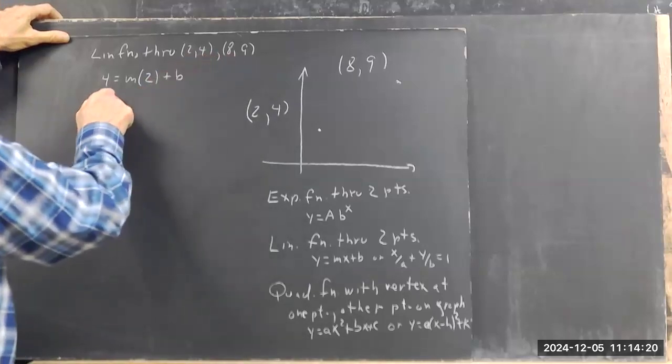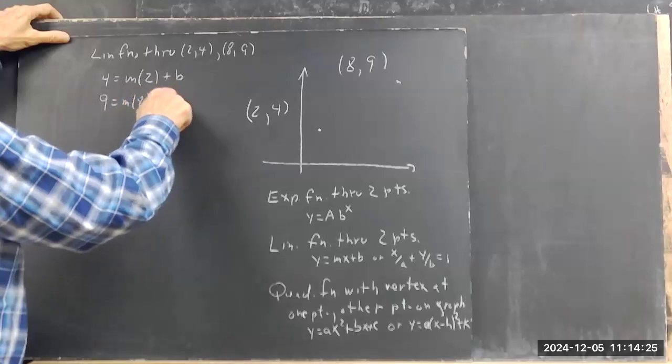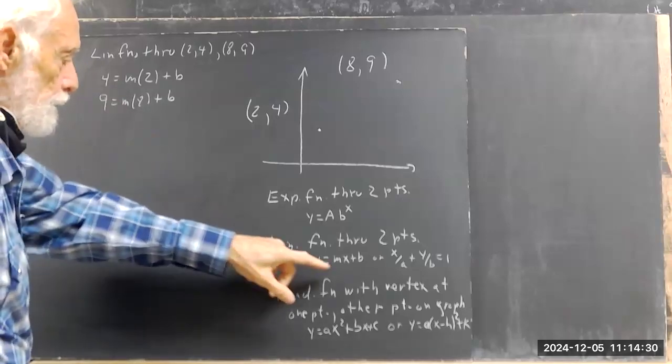Substituting the coordinates at this point, we get 9 equals m times 8 plus b. Now that's a literal substitution into this form.